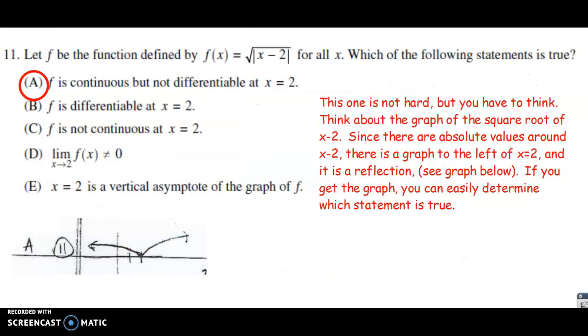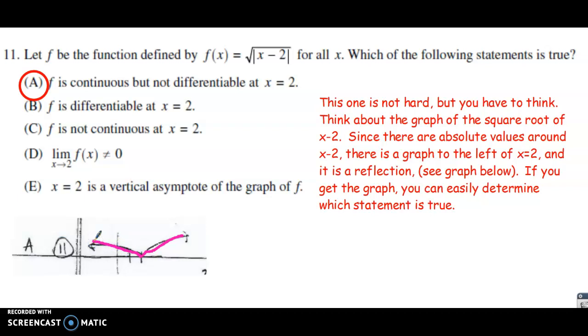Number 11, we have the square root of the absolute value of a function. So normally, we can't take the square root of a negative number. But here we're taking the absolute value of any number that we substitute in. So instead of having just this side of the function, which is what we would normally get if we had the square root of x minus 2 without the absolute value, we actually have the other side because we can substitute numbers now that are to the left of 2.